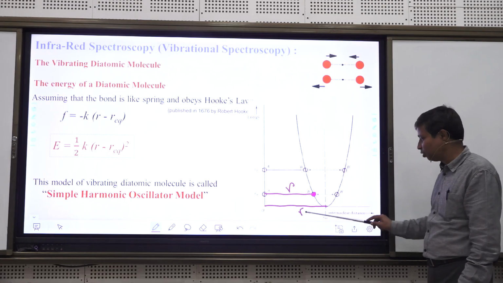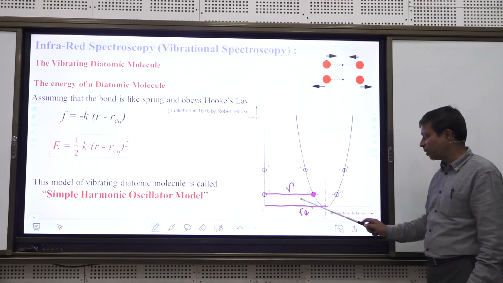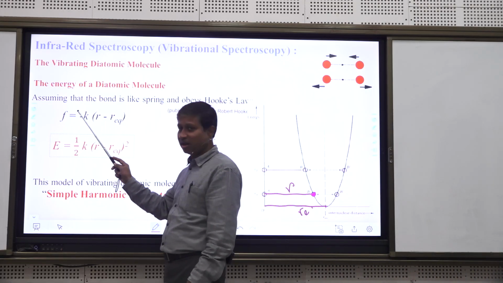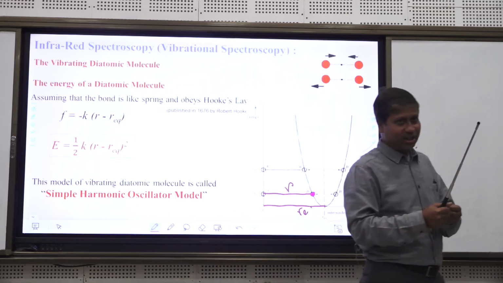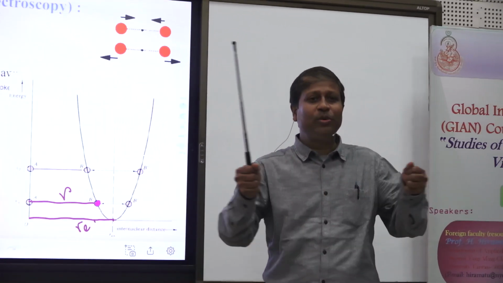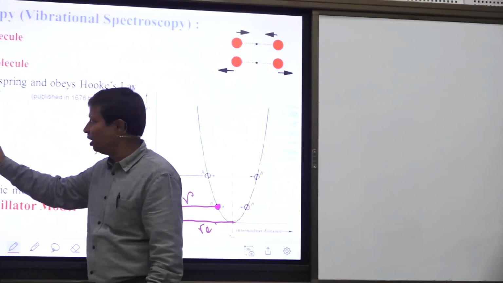So R minus R equilibrium is negative, and with the minus it becomes plus. That means instead of attraction, it will be repulsive. This is the meaning of the R.